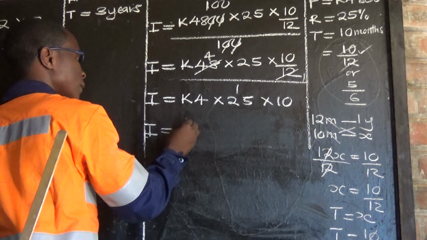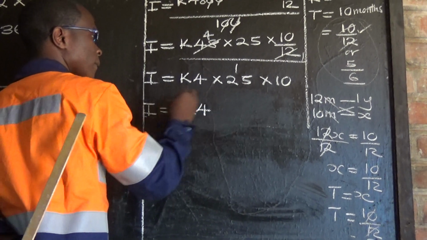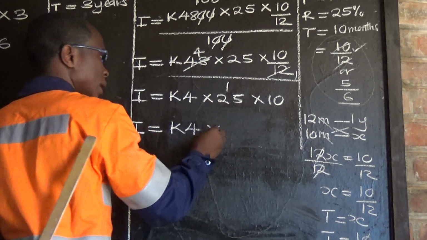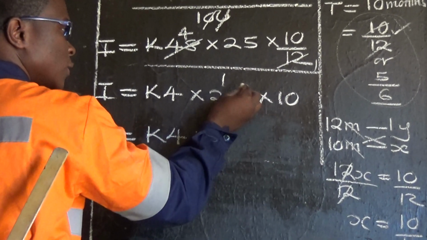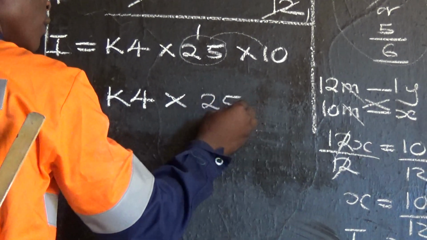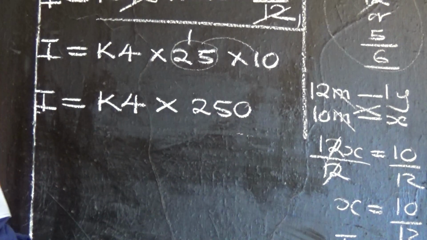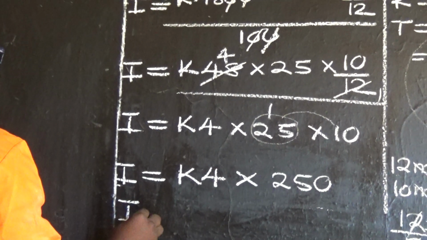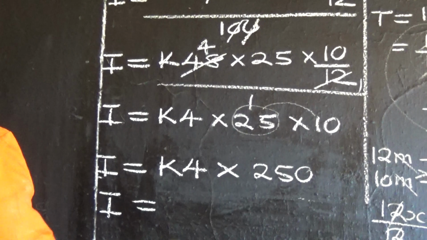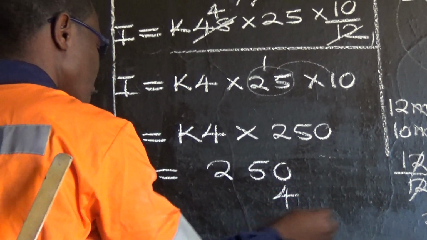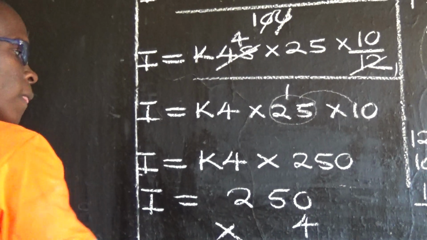We maintain 4 kwacha, then multiplied by 25 times 10. 25 times 1 is 25, then you have this 0, so we get 250. That is 25 times 10. Then you can move on and say it's equal to 250 multiplied by 4 kwacha.